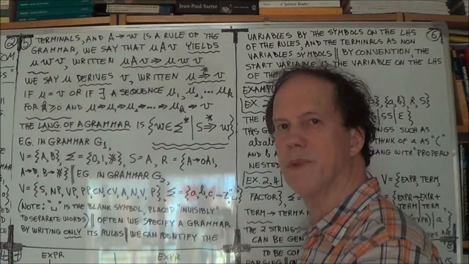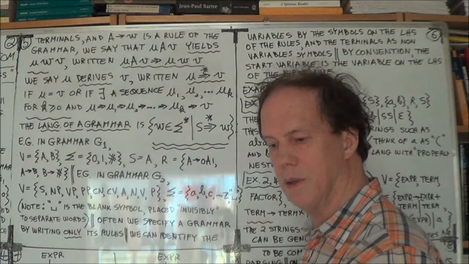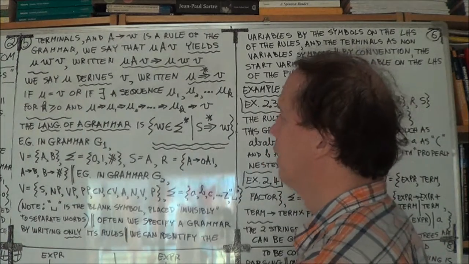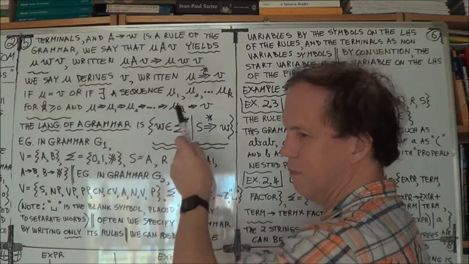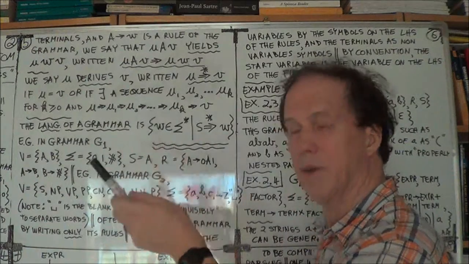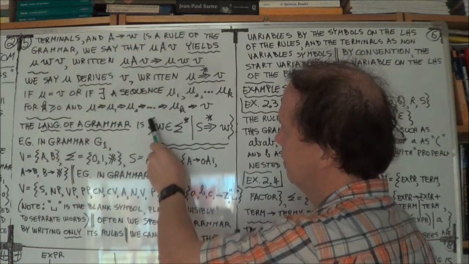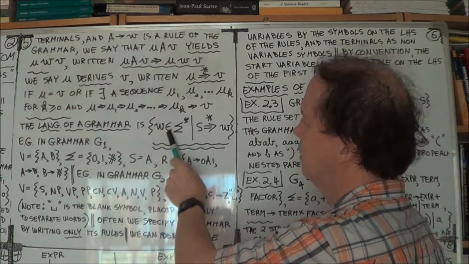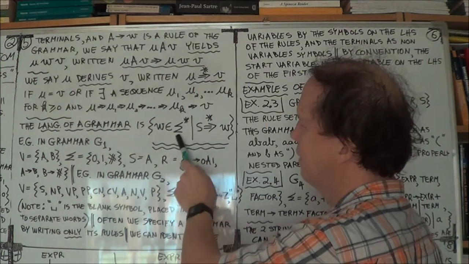Those strings are the members of the language, so a language is the set of strings generated by the grammar. These strings are W, and they belong to capital sigma starred.